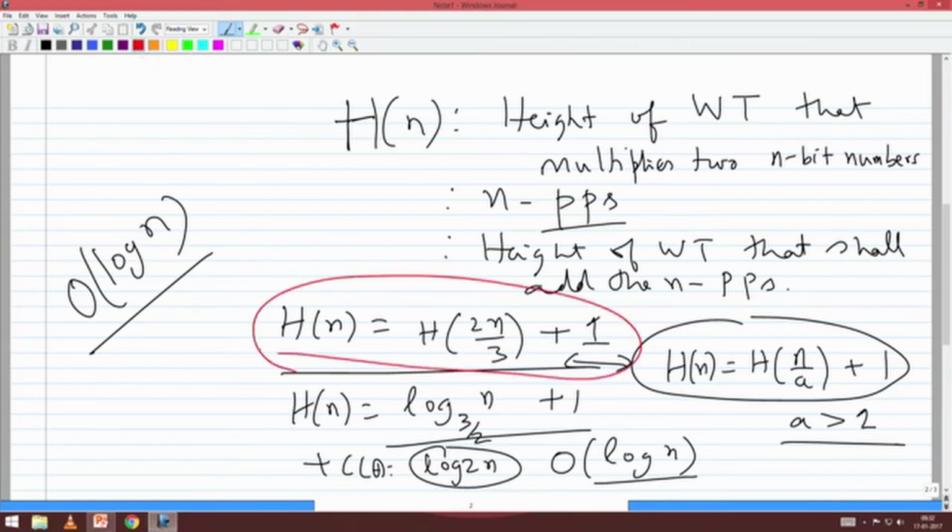H n is the height of the Wallace tree that shall add the n partial products. Each partial product is a number, so I am trying to add n numbers.